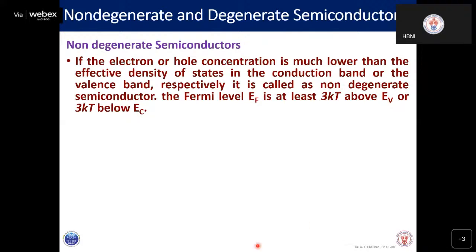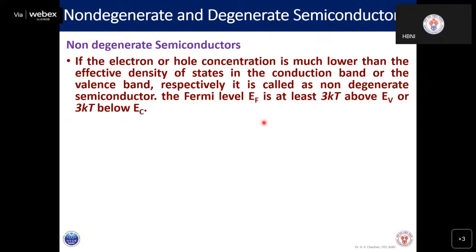So if the electron concentration, suppose we are considering n-type material, is less than the effective density of states, it means the states are more. It can accommodate more and more electrons, but available electrons are very few. In that case, it is called a non-degenerate semiconductor.